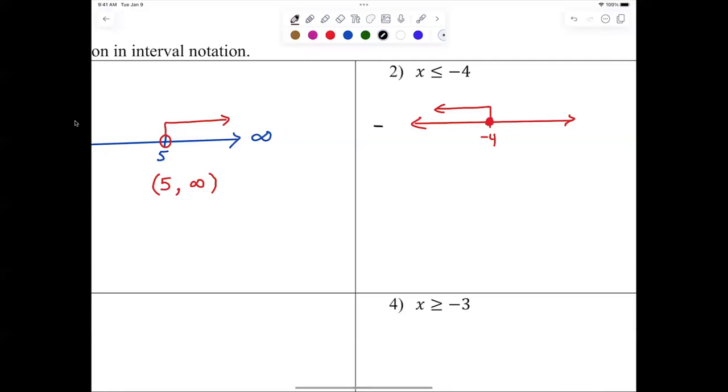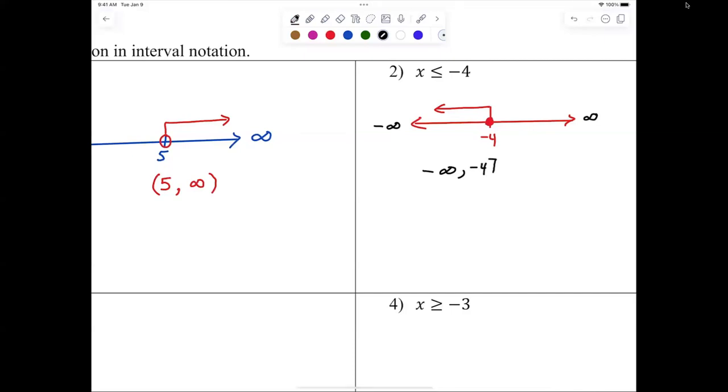Going to the left means this is negative infinity over here, and this is infinity over here. Now, I just told you we read numbers from left to right. So we're going to start at negative infinity, and then we go to -4, and we stop at -4.